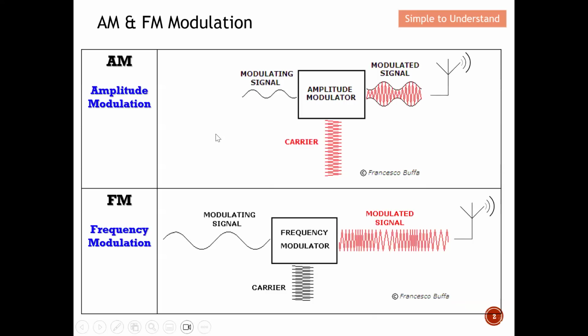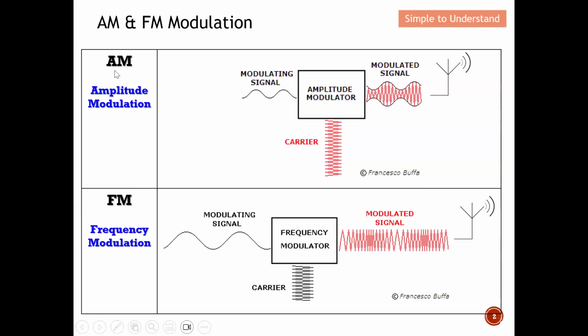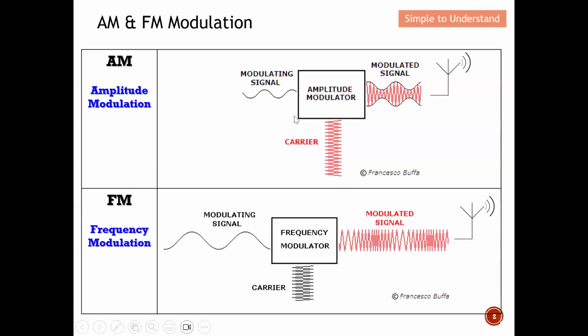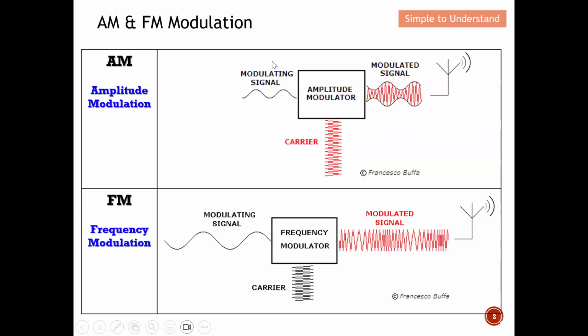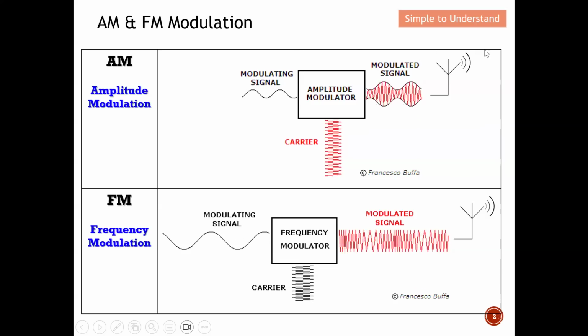Let's quickly take a close look at the key difference between amplitude modulation and frequency modulation. Let's start with amplitude modulation first. From this diagram here, you can see that there are actually three signals. The first signal is the modulating signal. This is the signal that we actually want to send over to the recipient.